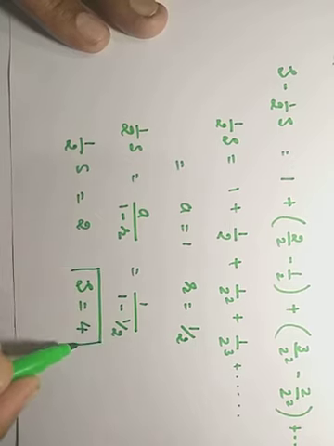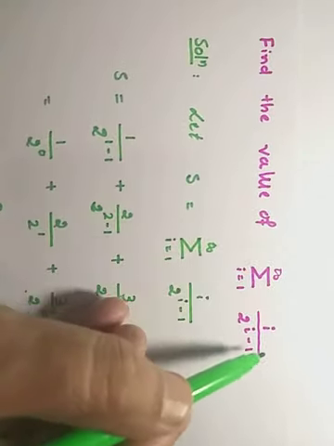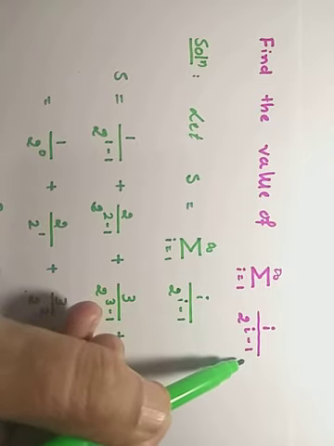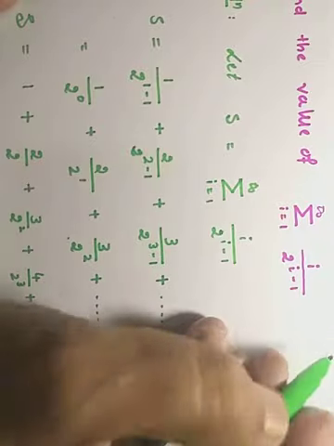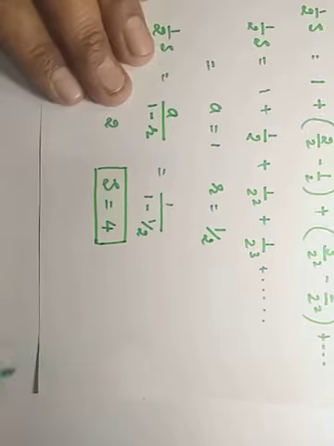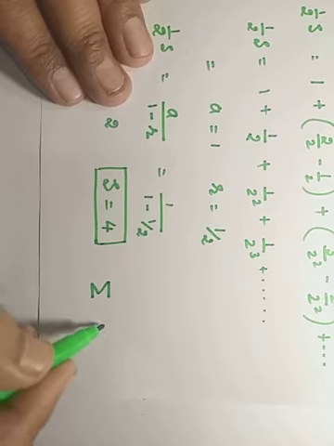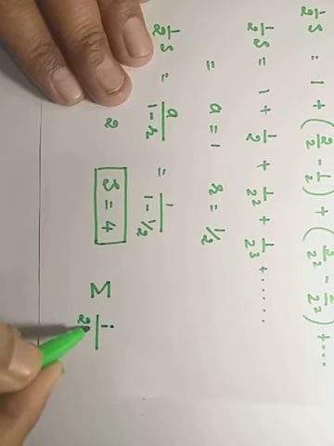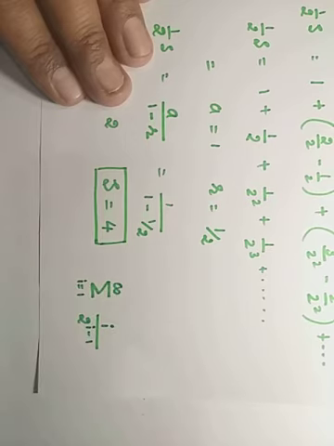And hence, the summation of I upon 2 to the power I minus 1 from I is equal to 1 to infinity, the final answer here, is equal to 4. That's how the answer comes.